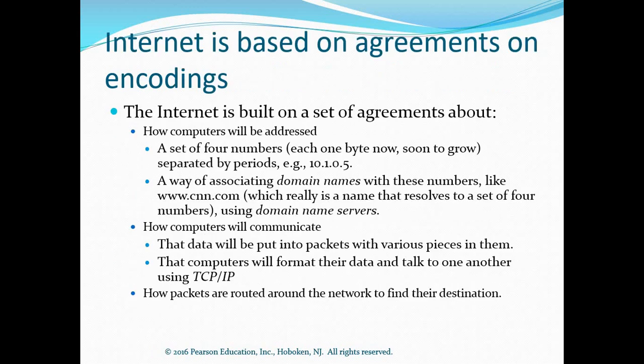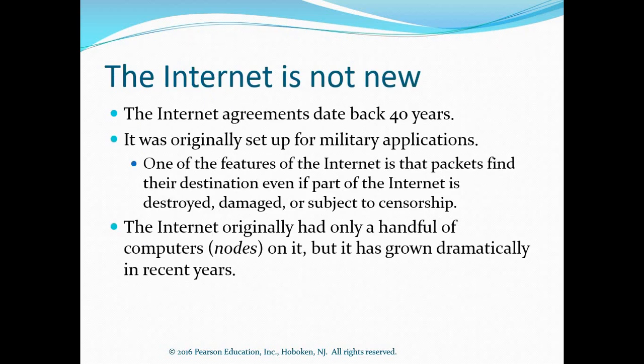Encodings are how a computer understands and translates information, as we covered in Chapter 1. The internet did exist many years ago, but has evolved into what you see and use today.